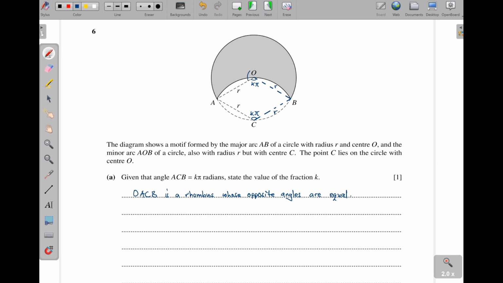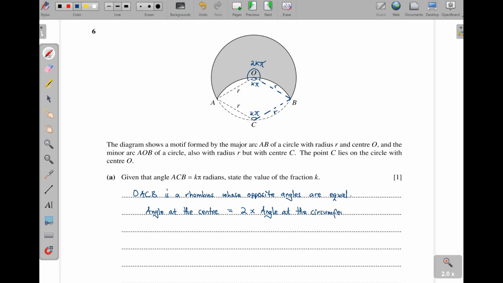So meaning we shall have this angle here being equal to 2K pi. You multiply this by 2. Okay, so I will say angle at the center is equal to twice angle at the circumference of the circle.